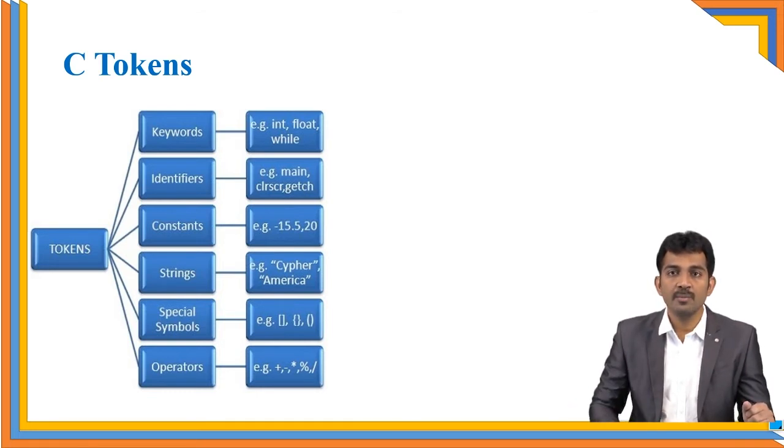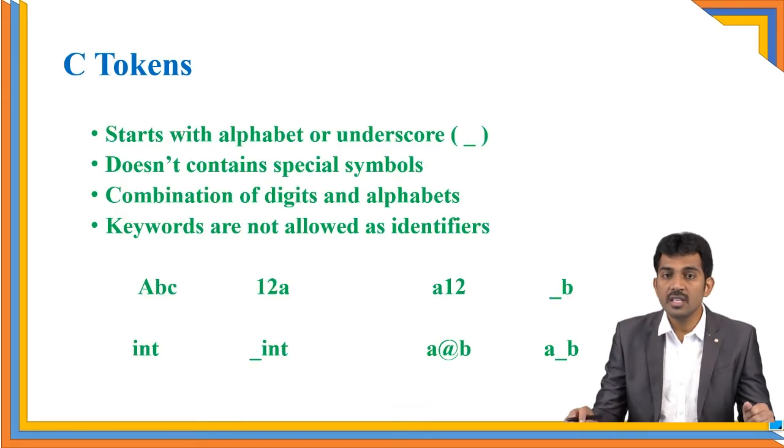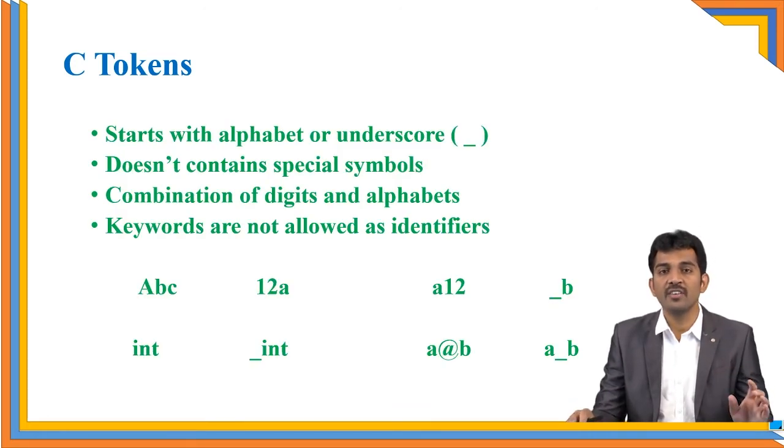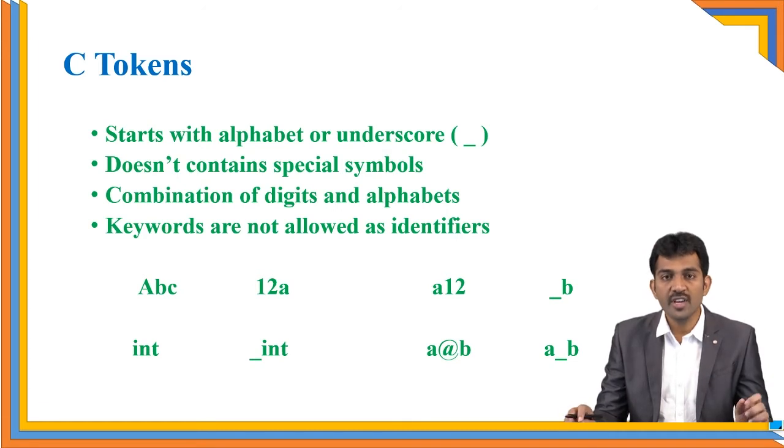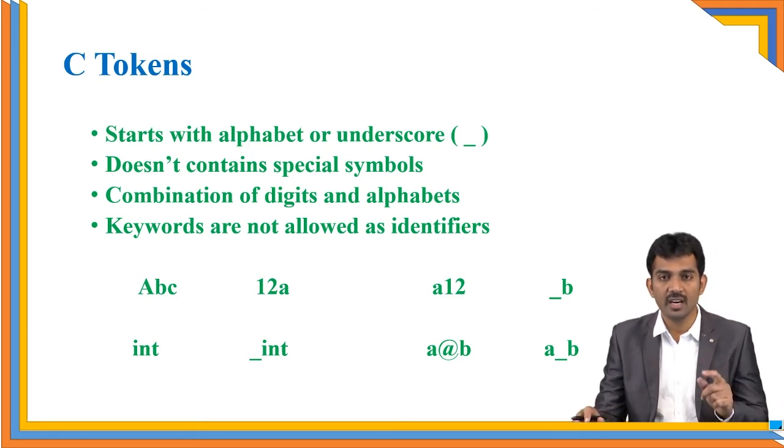These are the rules to define an identifier. The first and foremost thing is that the variable or identifier should start with either an underscore or an alphabet. That is the first rule. Every variable, identifier or function name in your C program compulsorily starts with either an underscore or an alphabet.